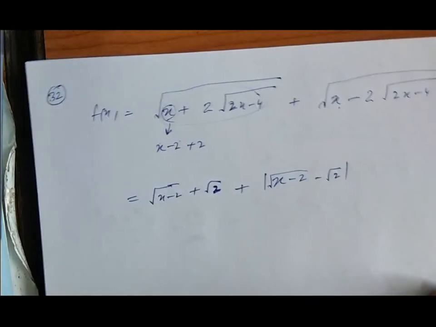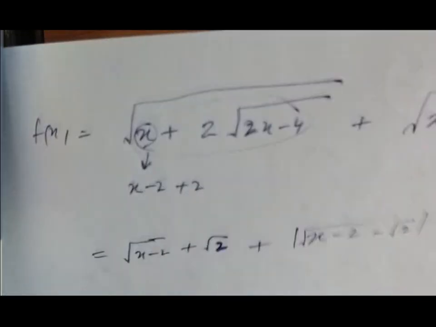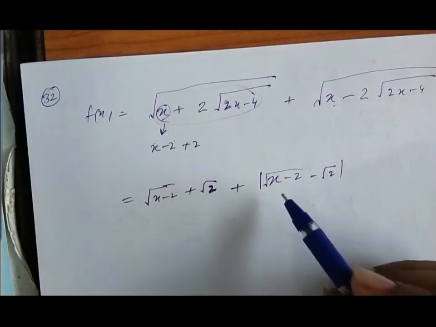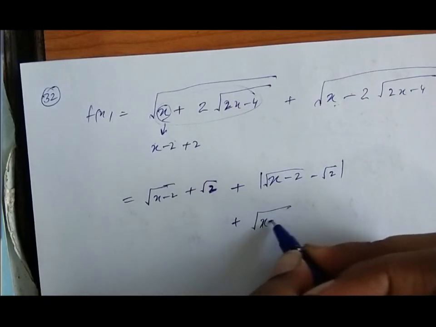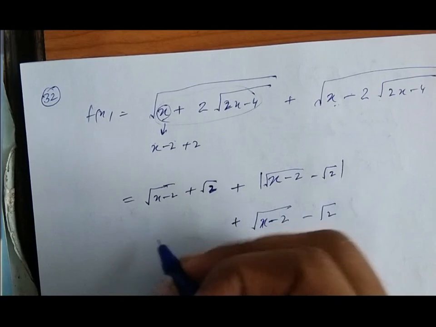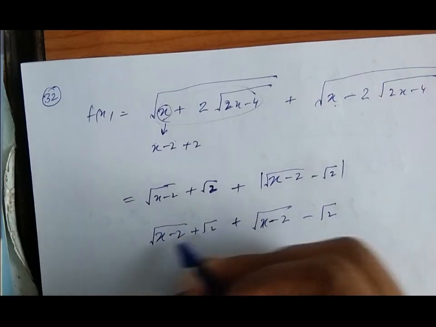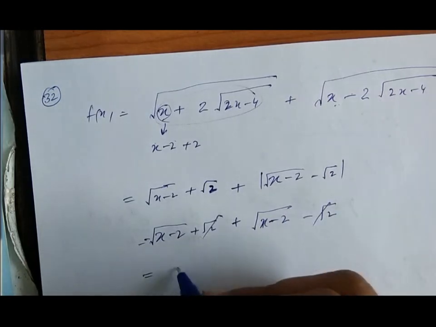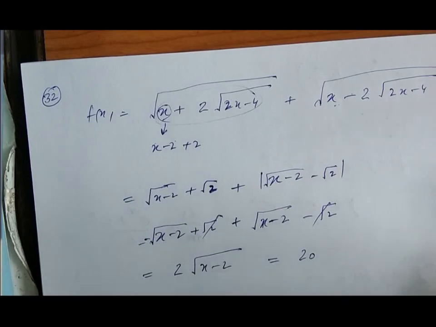So when x tends to 102 from positive side, this is going to open as x minus 2 minus root 2 and x minus 2 plus root 2. So this will be twice of root x minus 2 and this will be equal to 20.